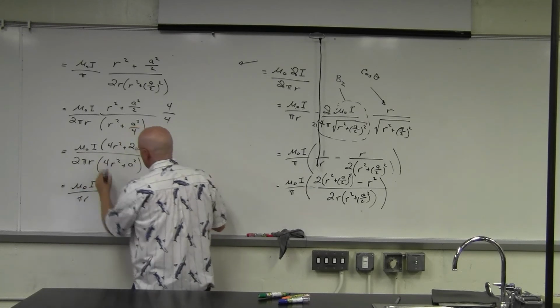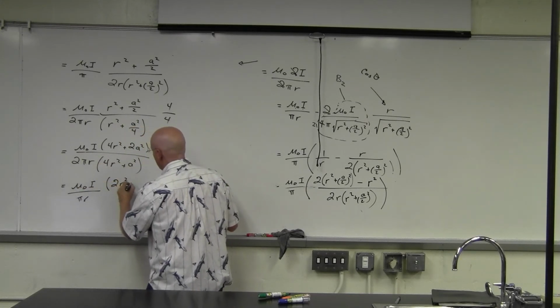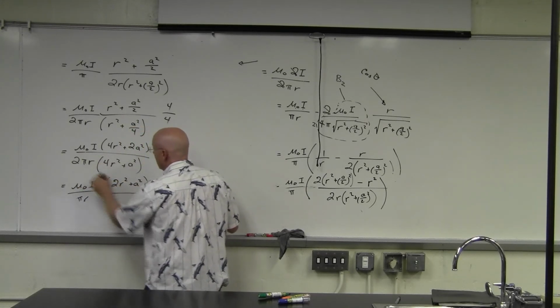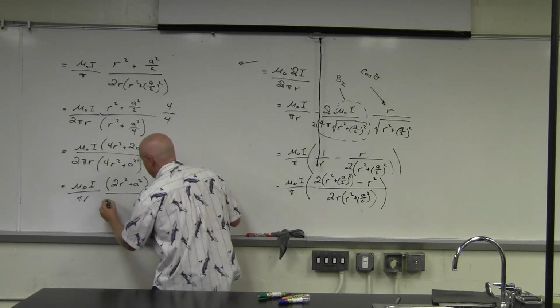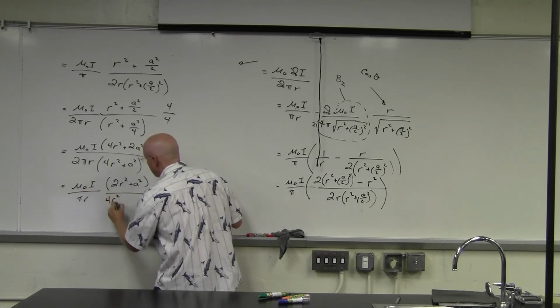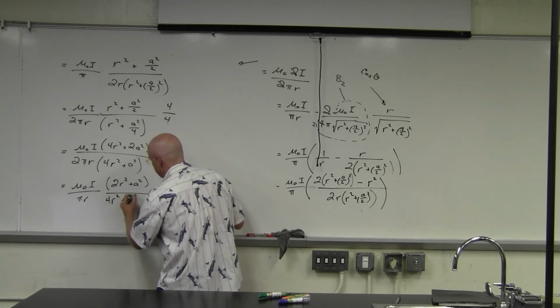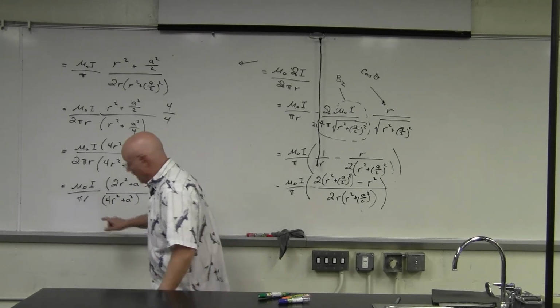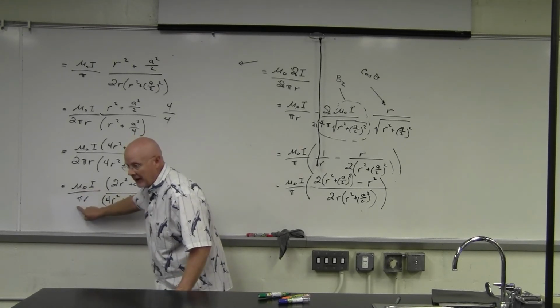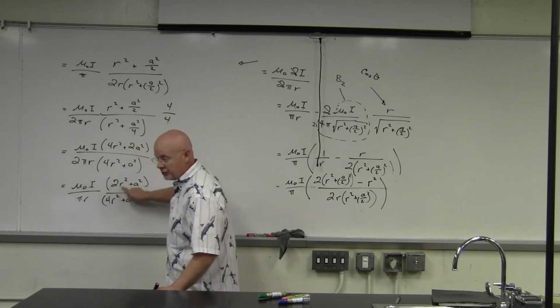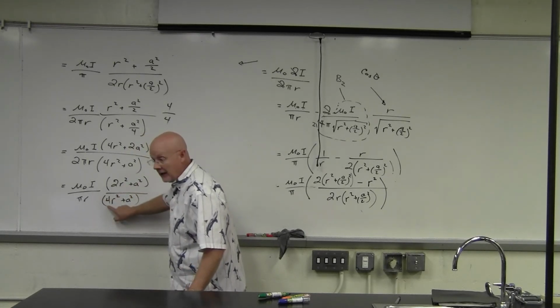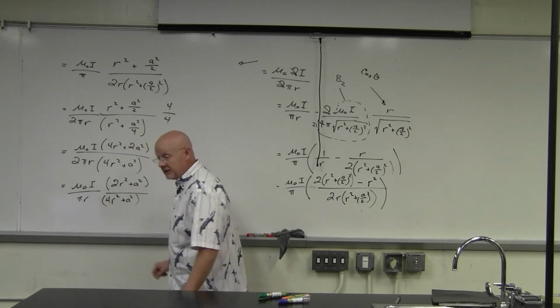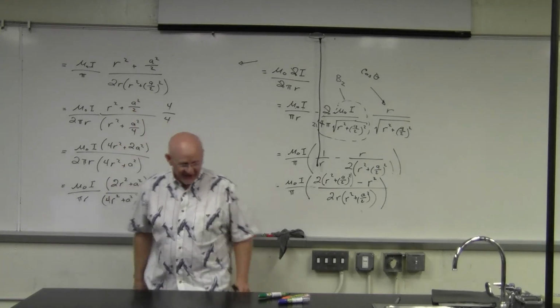And if I put that 2 into here, that becomes 2r squared plus an a squared. So this 2 reduces the numerator a little bit, and I'll still be left with a 4r squared plus an a squared. So is that what they have? There's the mu naught, there's the I, there's the pi, there's the r, there's the 2r squared plus the a squared, and then this is the 4r squared plus a squared. Yay! Okay, so there it is.